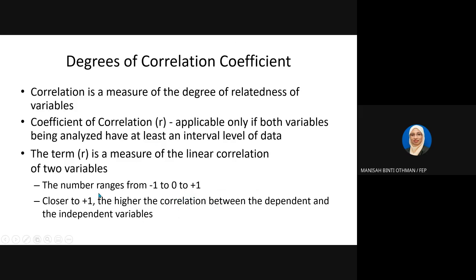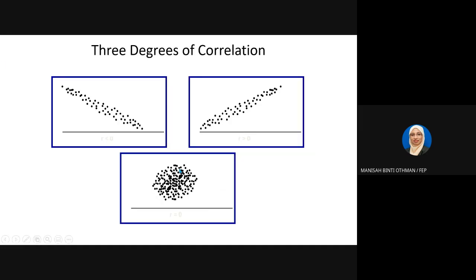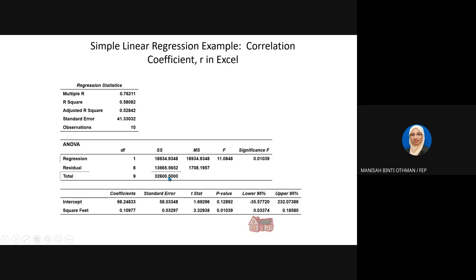Near +1 or near -1 is a strong relationship; near 0 is weak. If it is 0, there is no relationship. When you plot the data, you can see a positive relationship, a negative relationship, and no relationship, based on the Excel output.